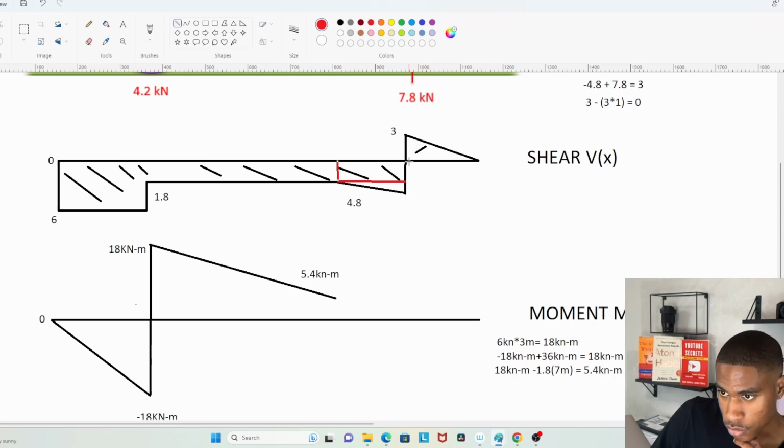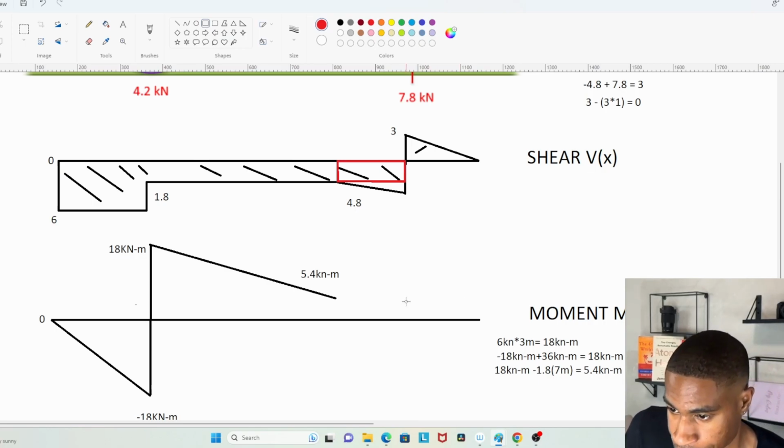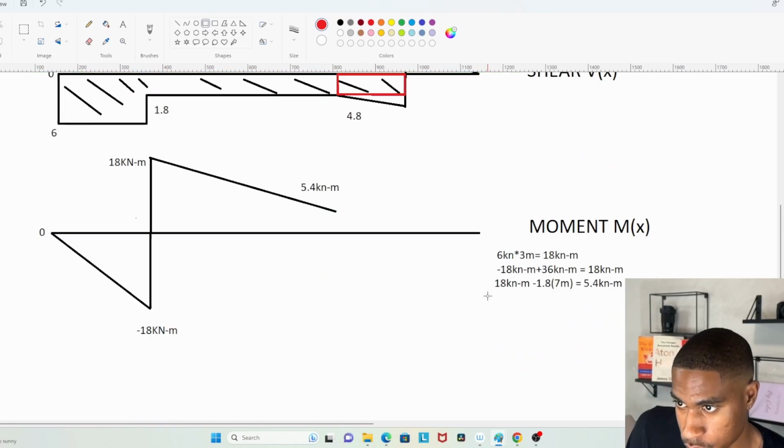Hopefully you can see that. That's my rectangle. And then the other part is my triangle. So what is that area? Well, we'll get to it.